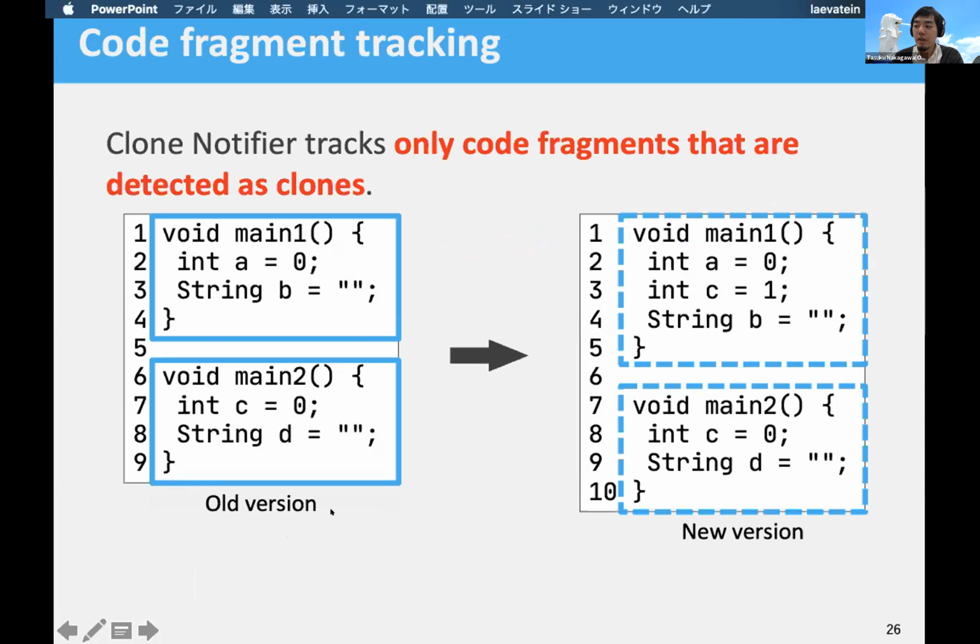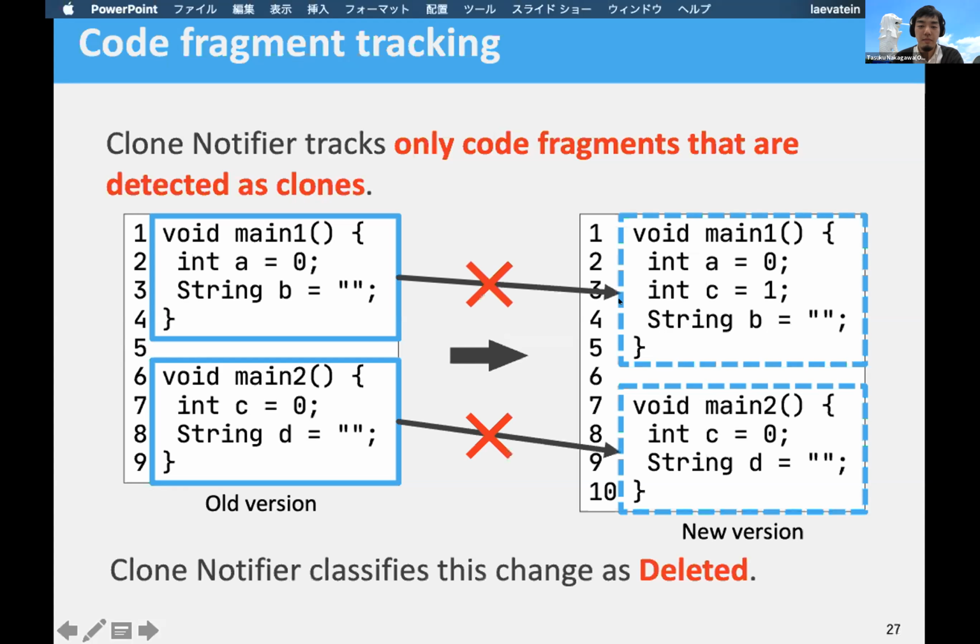Therefore, for example, there are 2 methods, main1 and main2, that are clones in an old version, but not clones in a new version because of an inserted statement, int c = 1. In this case, Clone Notifier cannot track these clones because the 2 methods aren't detected as clones in the new version.